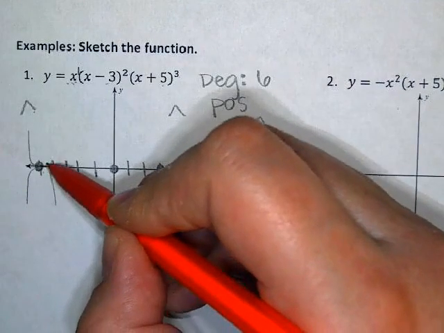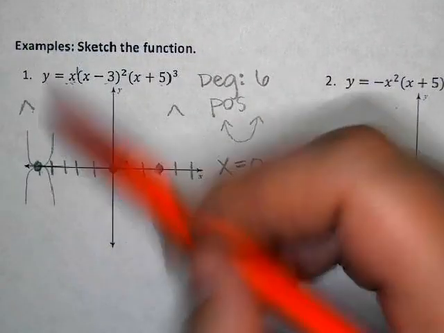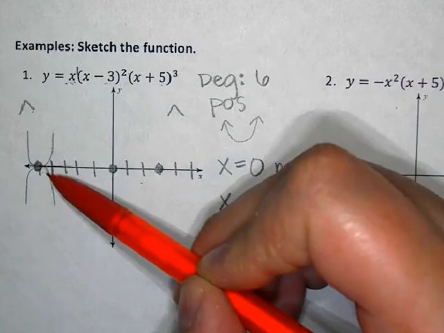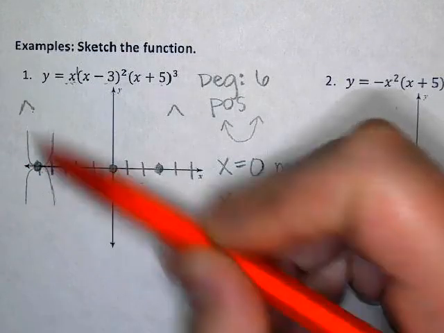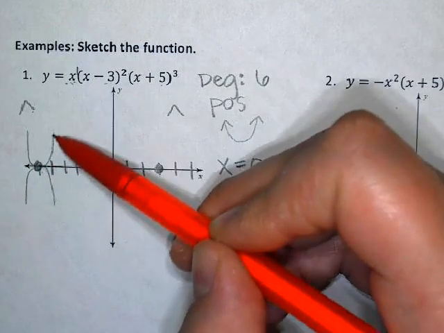Which one made more sense? I have this arrow. Does it make sense to go down, level off, go down? Or using this arrow, does it make sense to go up, level off, go up? Which one makes sense?